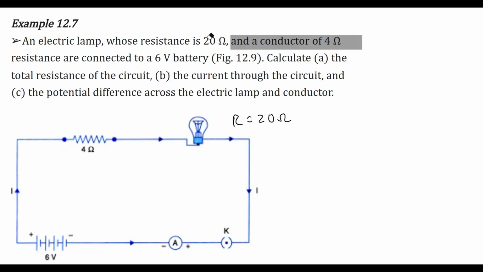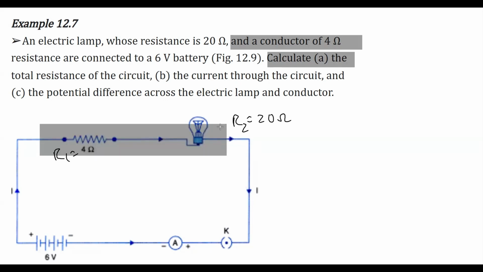Number one, let's calculate the total resistance of this circuit. So if I take the resistance of this wire, this conductor, say R1, and this has R2, what you can see is that these two are connected in series, right? Why series? Because they are end-to-end connected.